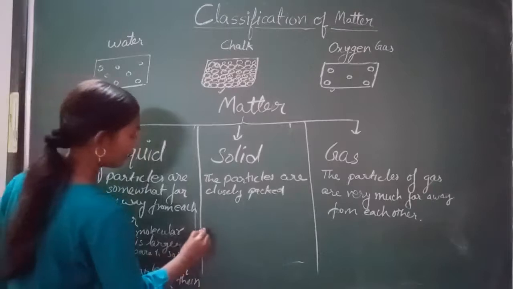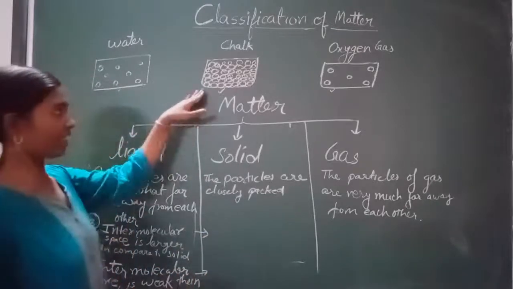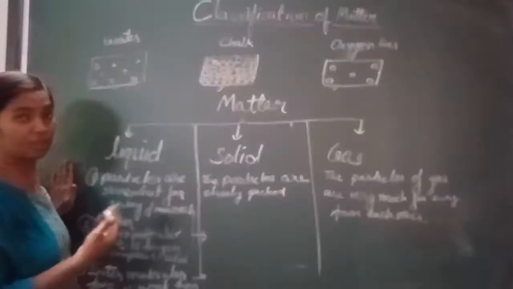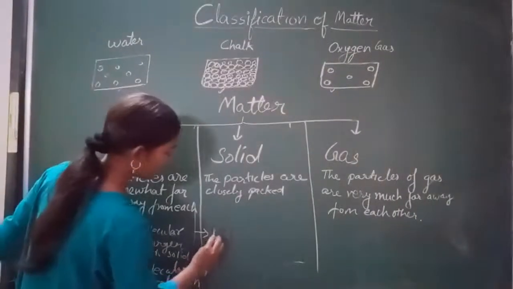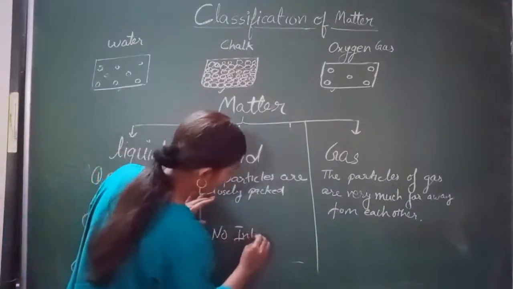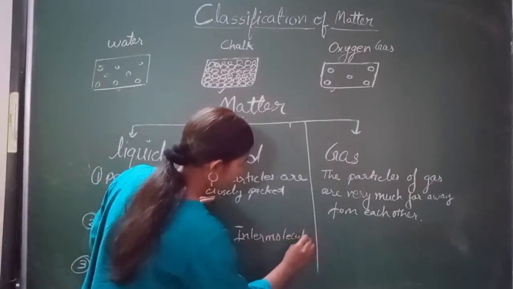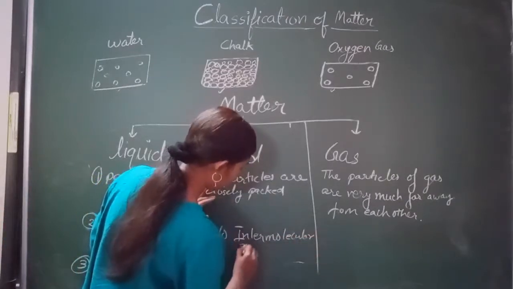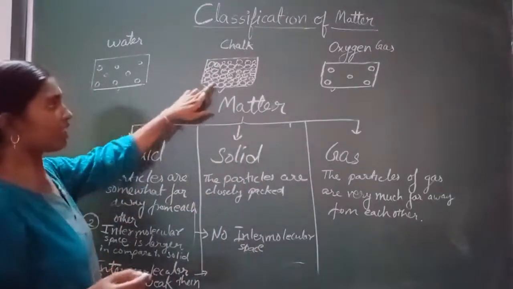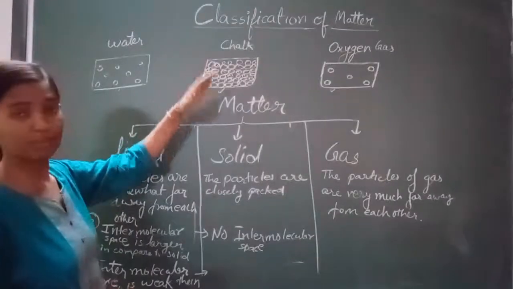Now similarly compare in this one: there is negligible intermolecular space, or no intermolecular space. But you see, the molecules are very near to each other, very close to each other.